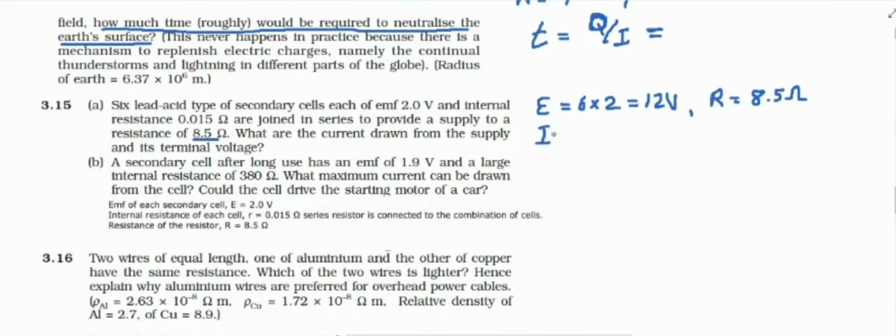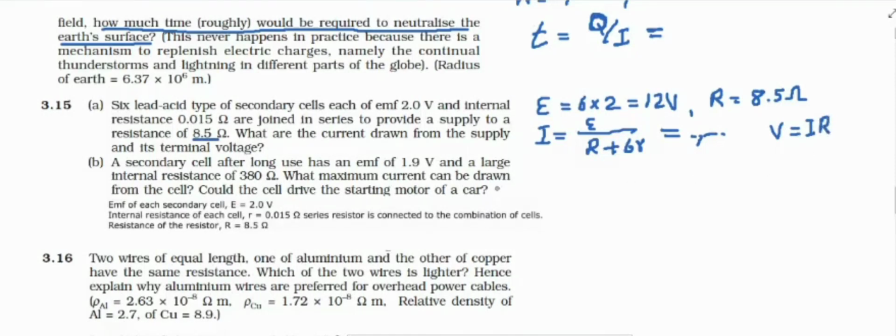Again, can use the formula I is equal to epsilon divided by R plus 6r. So you will get the value of current. Once you get the value of current, then you can again use the formula V is equal to IR to find the terminal voltage.